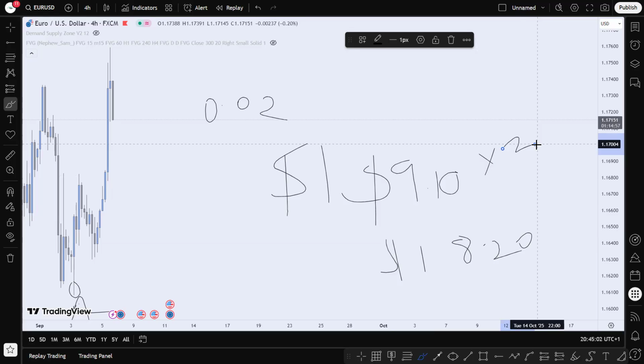Because all of us can capture 91 pips in the market, but how much you make will depend on the lot size that you used. Now, the lot size you will use will also depend on the capital that you have. Do you understand?